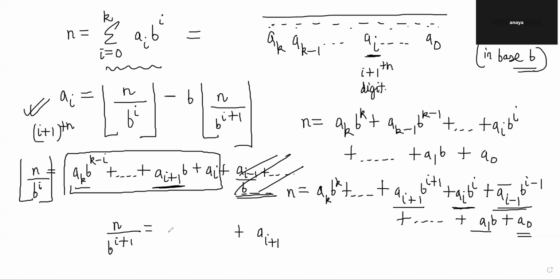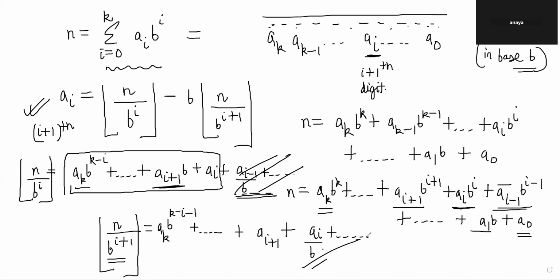The terms will become a_k b^{k-i-1}, because I have divided by b^{i+1} now. And a_i will come with a by b. When you take GIF here, the floor function, all of these fractions will vanish. So you'll be left with this integer, till here.